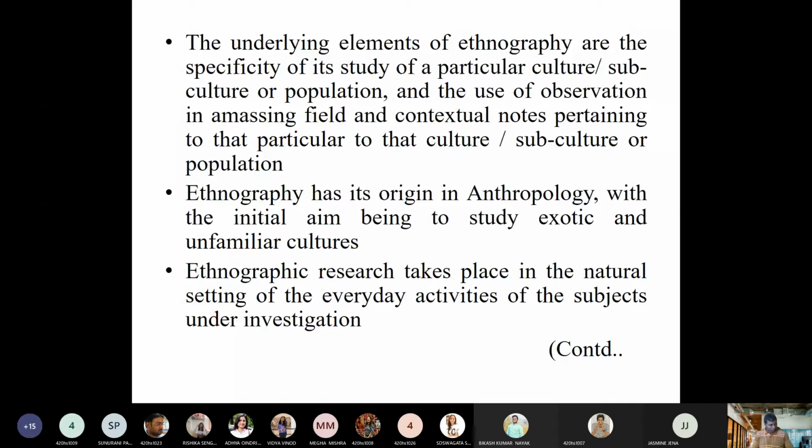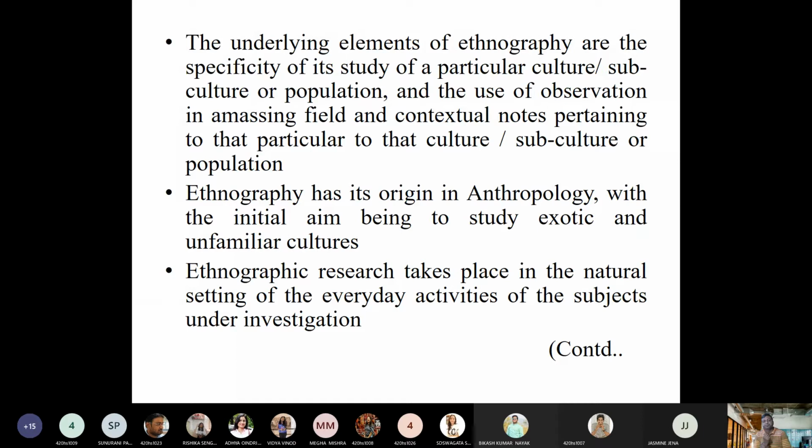While doing ethnographic research, they try to explore all this information in a uniform, extensive and intensive way. For that purpose they used this ethnographic approach.